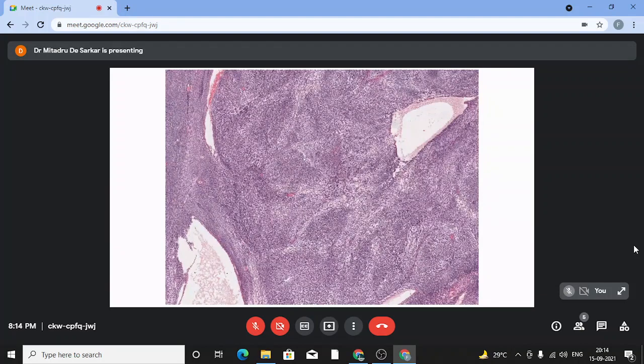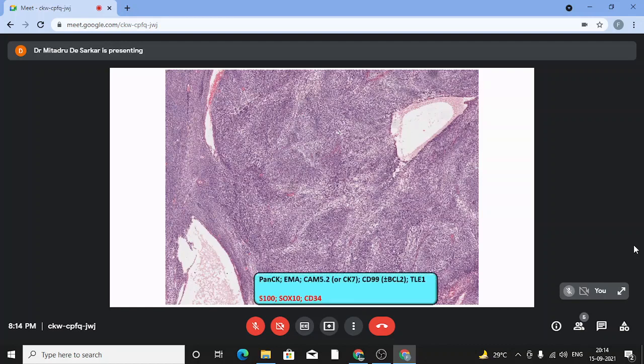And at the same time, if you were to see hemangiopericytoma-like vessels within this context, staghorn vessels within this background, cellular hemangiopericytomas would also come into the differential diagnosis. So you might consider a panel which includes PAN-CK, EMA, low molecular weight cytokeratins, CD99, and if you think it will help, BCL2 along with TLE1.